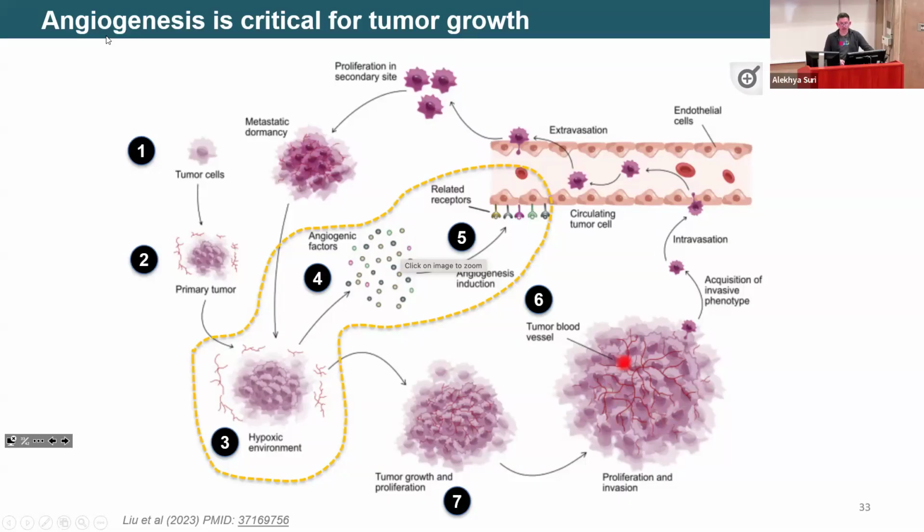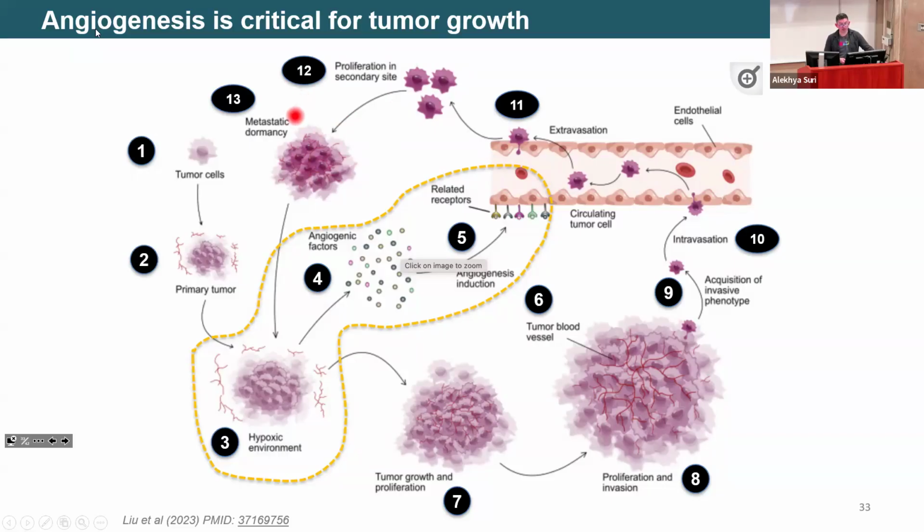And at some point, a tumor may acquire an invasive phenotype so that the tumor cells become migratory, and they basically make their way to the blood vessel. They enter the circulation, and then they cause metastasis.